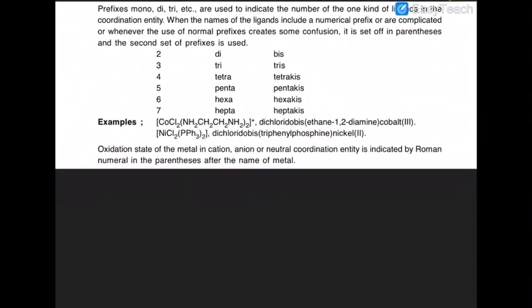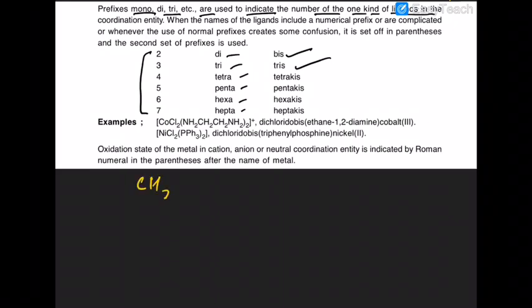I already told you that mono, di, tri are used to indicate the number of one kind of ligand: di, tri, tetra, penta, hexa, hepta. If the ligand itself contains di or tri in its name, then for 2 times use bis, for 3 times use tris. For example, the name of the ligand is ethane 1,2-diamine.